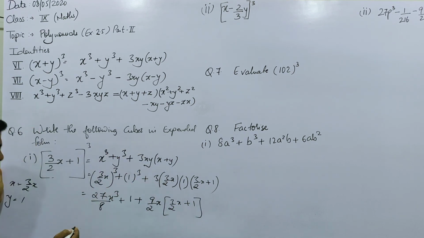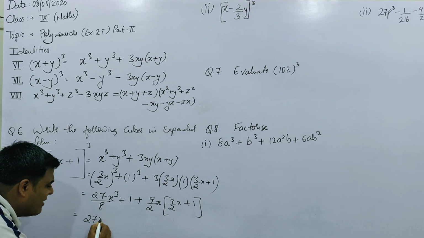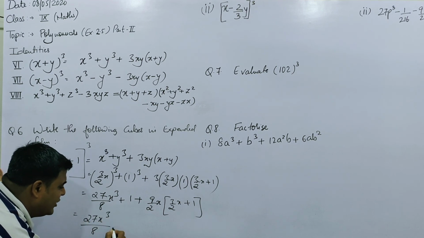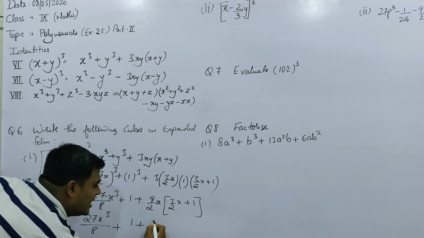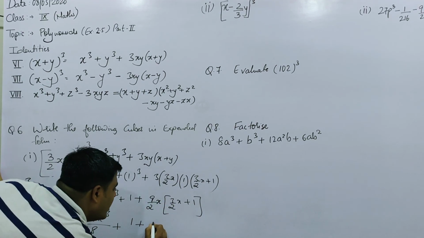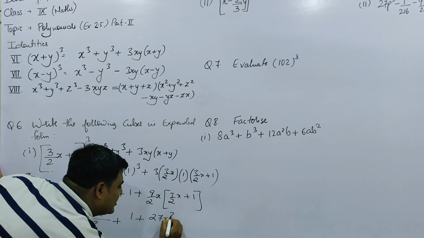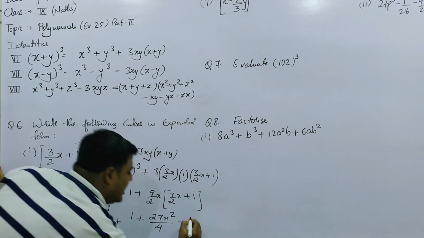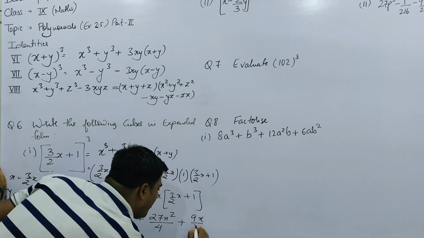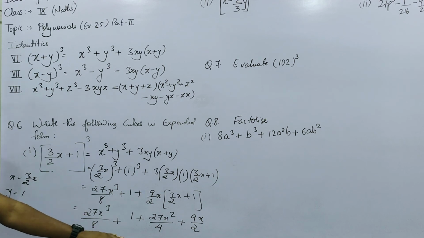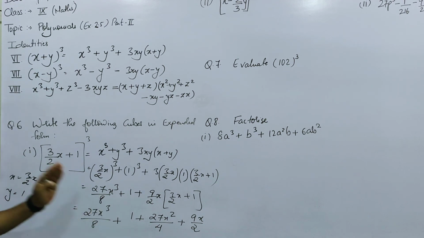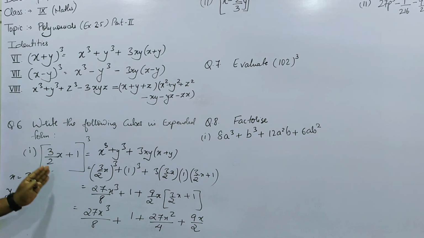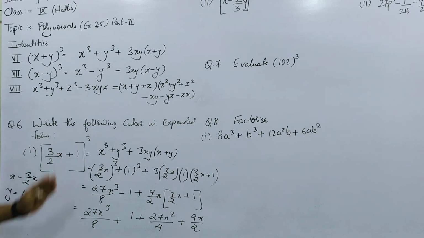Now I am going to open this bracket, that is 27x cube upon 8 plus 1 plus 9 3s are 27x square upon 4 plus 9 1s are 9, that is 9x upon 2. So this is our final answer when we expand 3 by 2x plus 1 the whole cube.